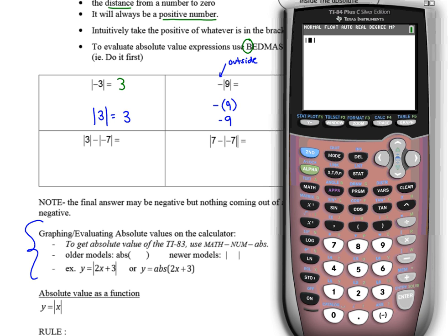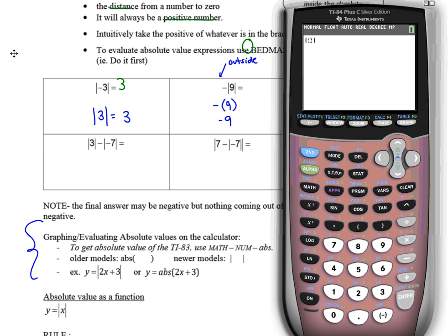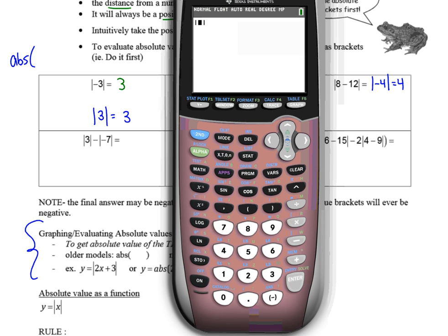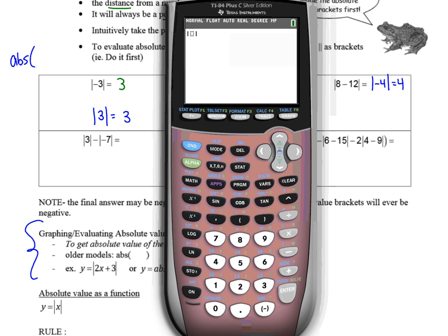If you have an older calculator, it'll say ABS, and I'll give you a bracket. So if we were double checking the 8 minus 12, we type that in, and there it is. You would have to close your bracket like that if you have an older version.